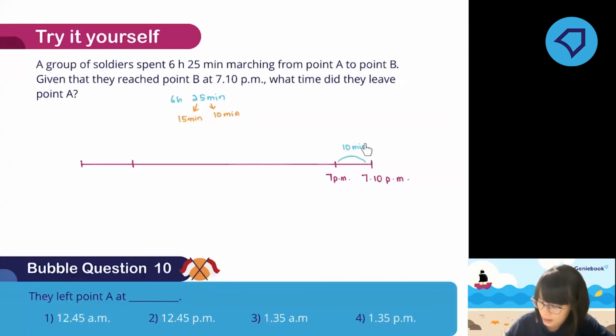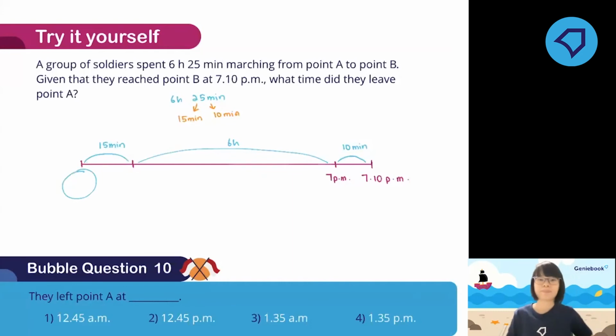This long part would be 6 hours, and this shorter one would be the remaining 15 minutes. This is how we are going to work backwards. So tell me what's 6 hours ago, and then what's 15 minutes ago. This is the one that you want to find.